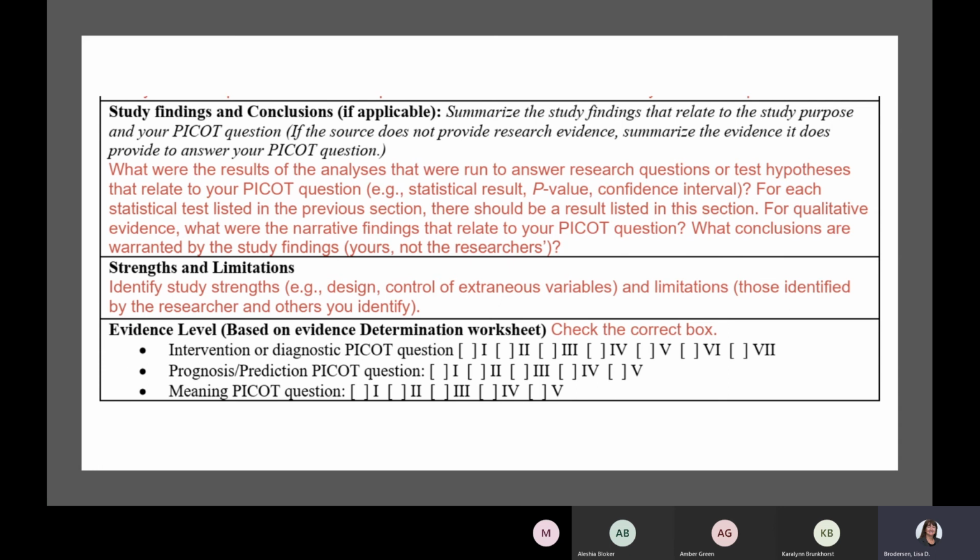So if the researchers found that there were similar prevalences or similar instances of the virus occurring in people who did and who did not get the vaccine, then we couldn't conclude that the vaccine was effective.